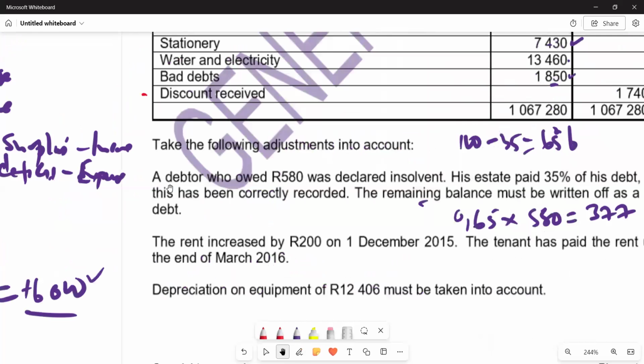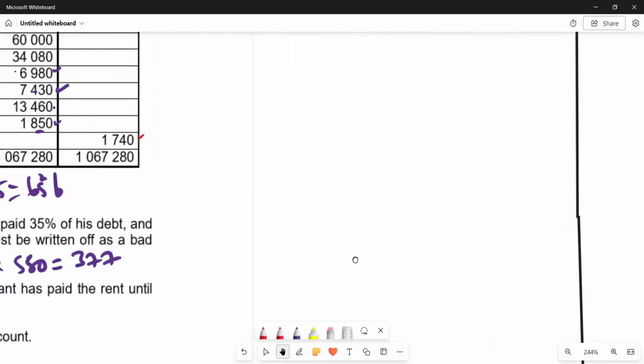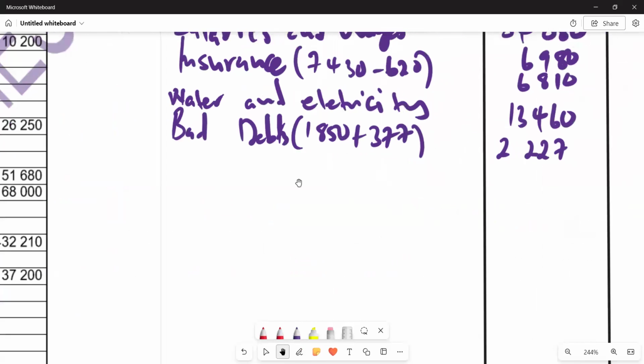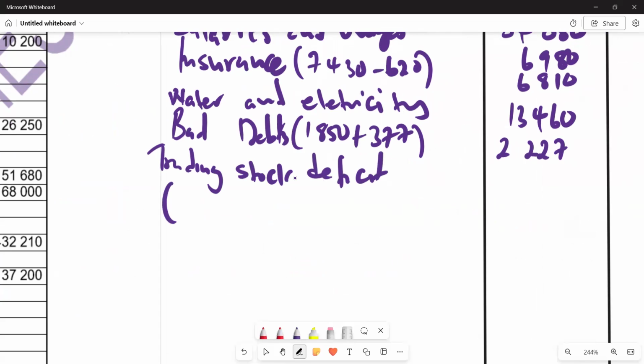So we go there. And we are saying trading stock deficit, whereby we calculated it as saying 71,010 is the figure, the book value that is given in the trial balance, minus the other stock that we removed of 24,000, which was said to be lost due to burglary.